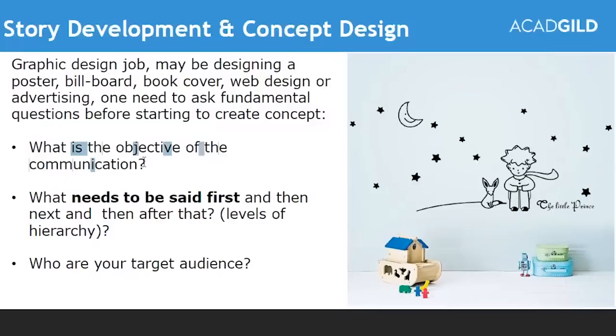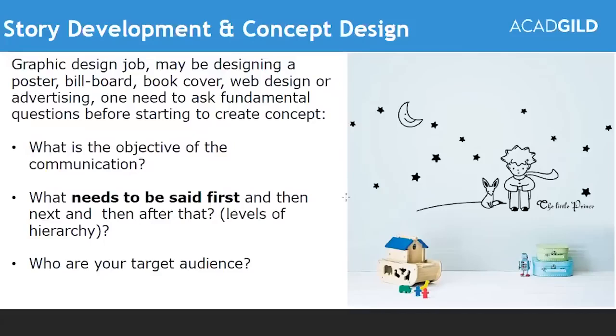My second question is, what needs to be said first, then next, and then after? In these terms we call it why and why, because while creating or thinking about anything, we always ask why we are doing this, why we are doing that.